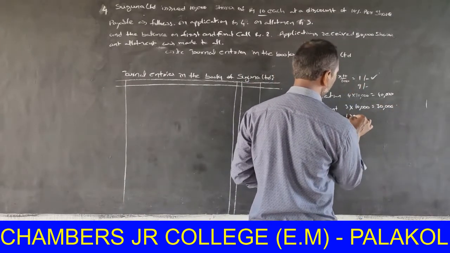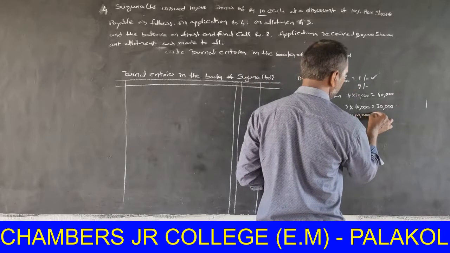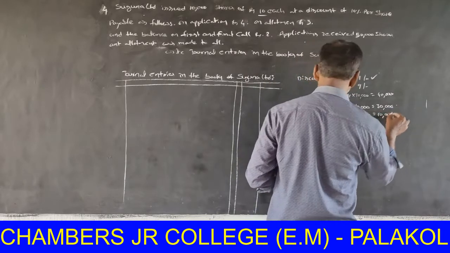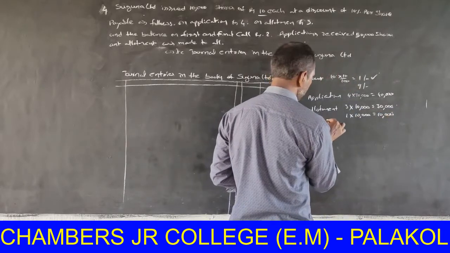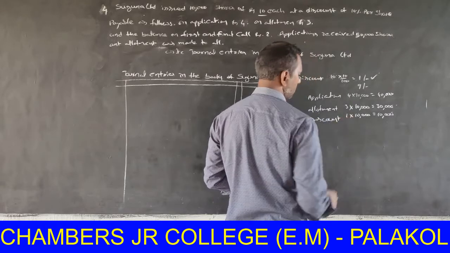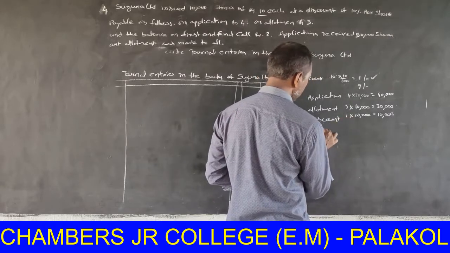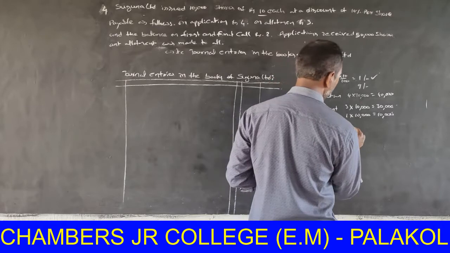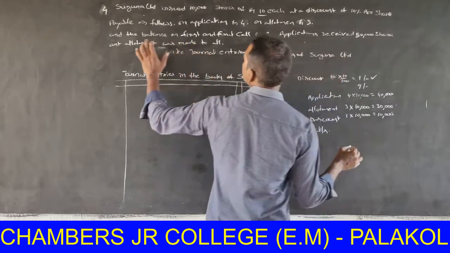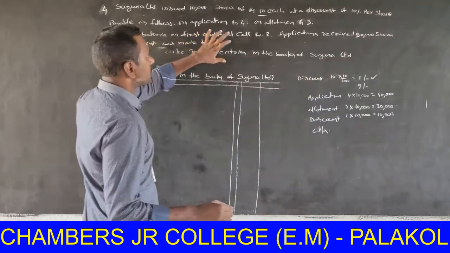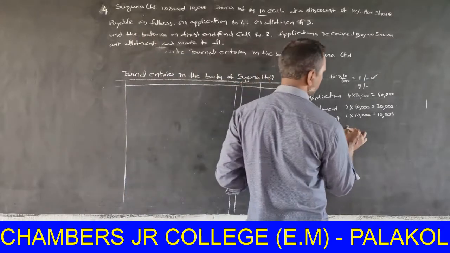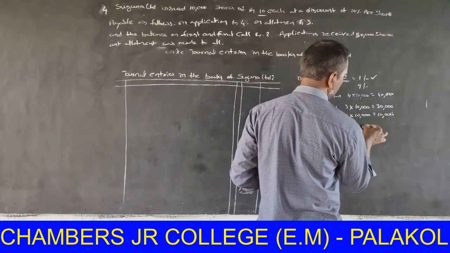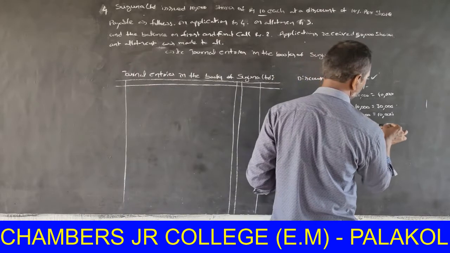The discount 1 rupee into 10,000 equal to 10,000. And the balance on first and final call, that is 2 rupees, 2 into 10,000, 20,000.